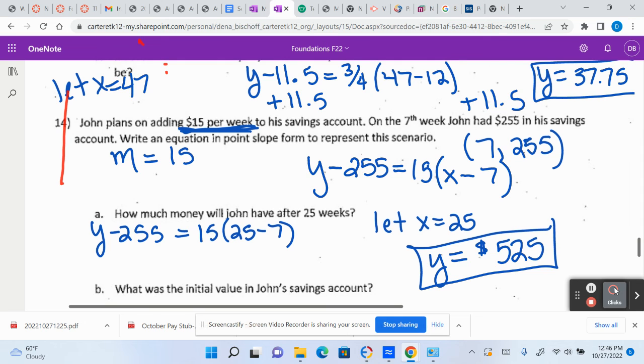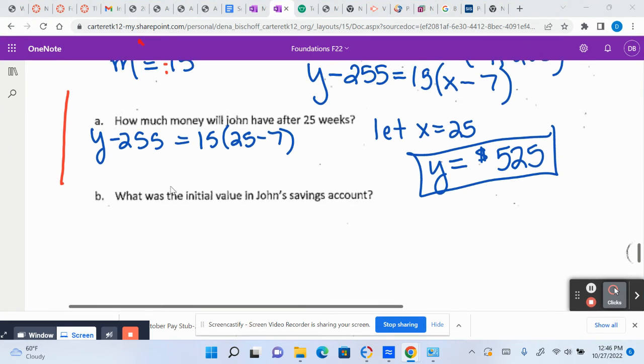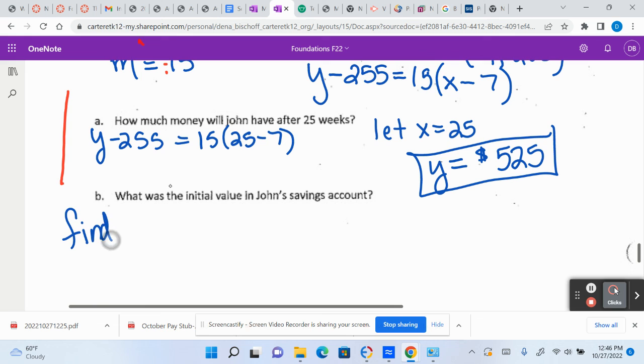Question B says, what was the initial value? What does that mean? It means find b. What do I know about the y-intercept? The y-intercept happens when what? So can't I just let x equal 0 in this equation?